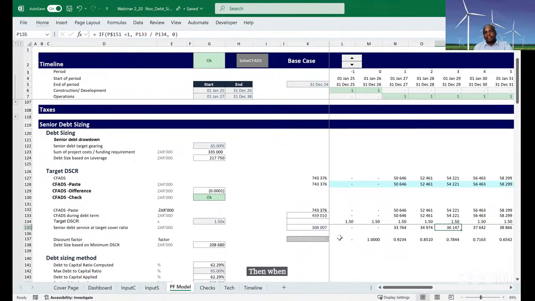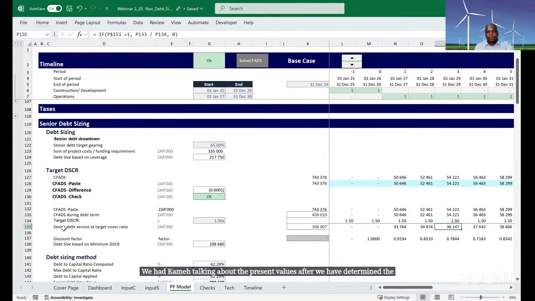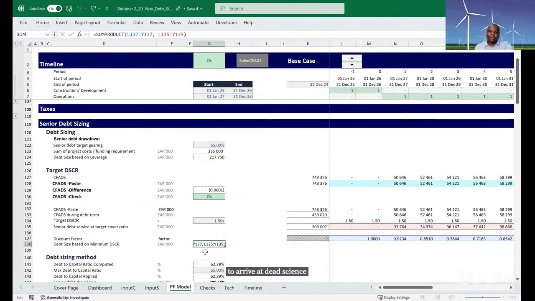Then when we are done, we talked about the present values. After we have determined the debt service, we need now to take the present values using the cost of debt as a discounting factor. So now we are discounting these cash flows to arrive at debt size. So if I come to this particular column here, you can see that I'm taking the sum product of the senior debt service and the discounting factor.